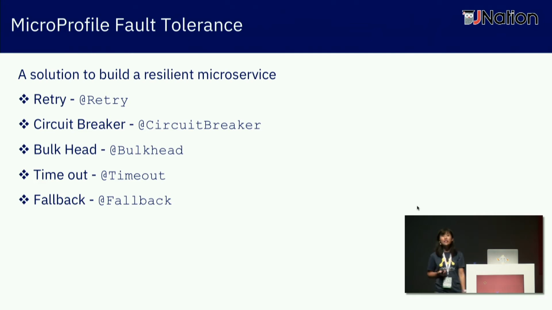Okay, Istio has most of the fault tolerance aspects, but it cannot do fallback because fallback needs business logic. So this can work quite well with Istio. You can directly plug in the fallback and work with Istio's fault tolerance. For example, you ask Istio to retry, you don't retry yourself.